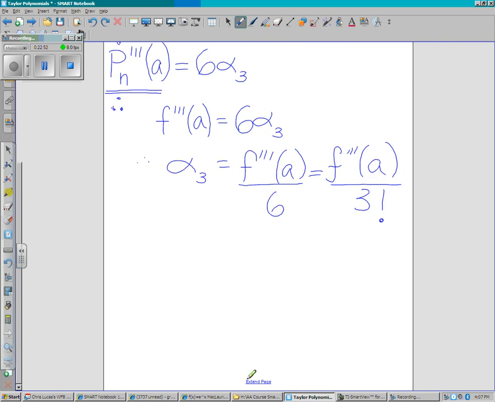The final Taylor polynomial can be written as p sub n of x.